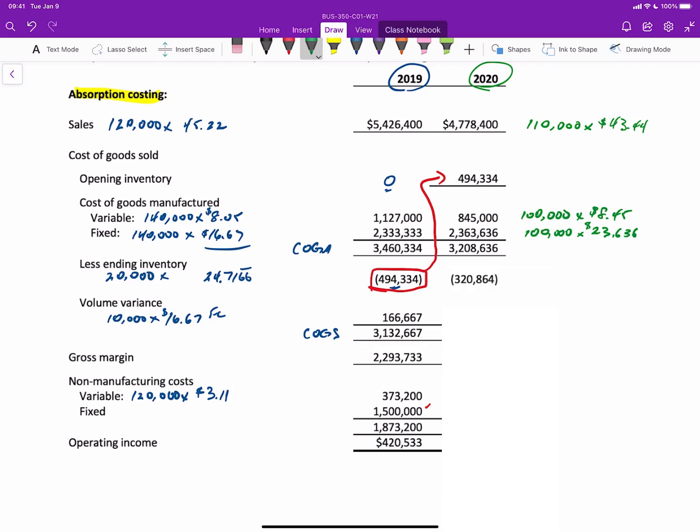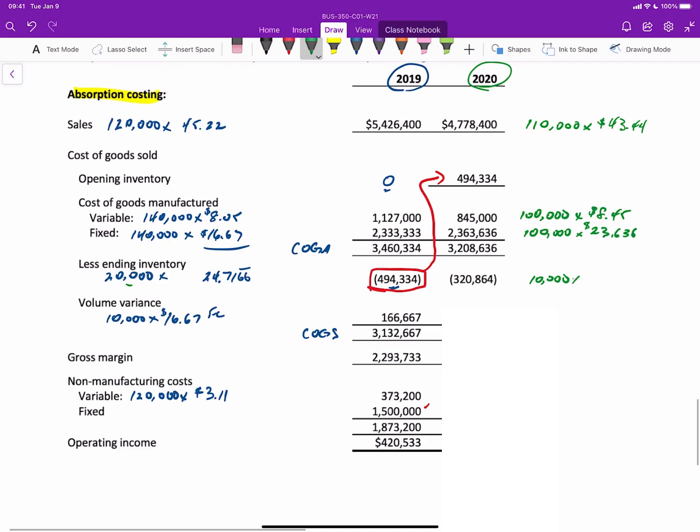We then subtract the ending inventory. So the company started with 20,000 units in beginning inventory, produced 100,000, so that's 120,000, but sold 110,000, leaving 10,000 units in ending inventory. And we're going to multiply that by the sum of the fixed and variable cost. So that's a total of 32.0836. So that gives us ending inventory of 320,864.